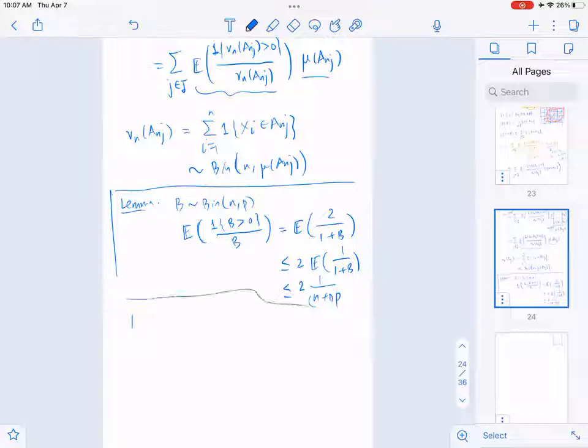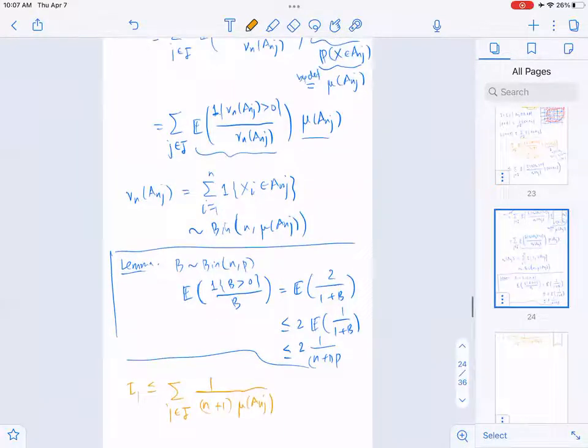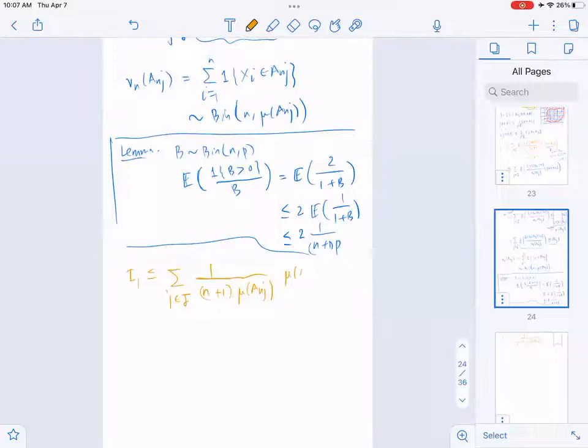And so it would be, back to the proof, I_1 would be less than or equal to the term that we wanted. Less than or equal to the summation over j in J of 2 over (n plus 1) times p. P here is just mu(A_j). Right? And then we had a mu(A_j) here. So they magically cancel each other out.